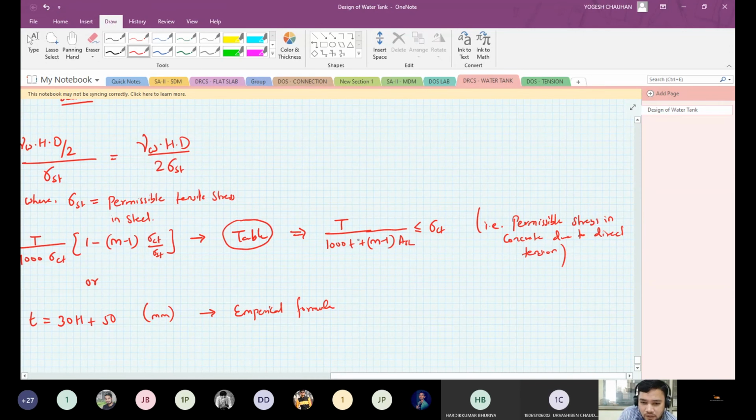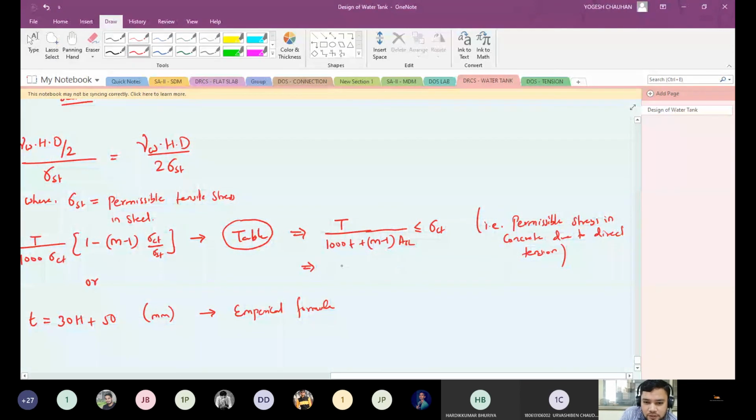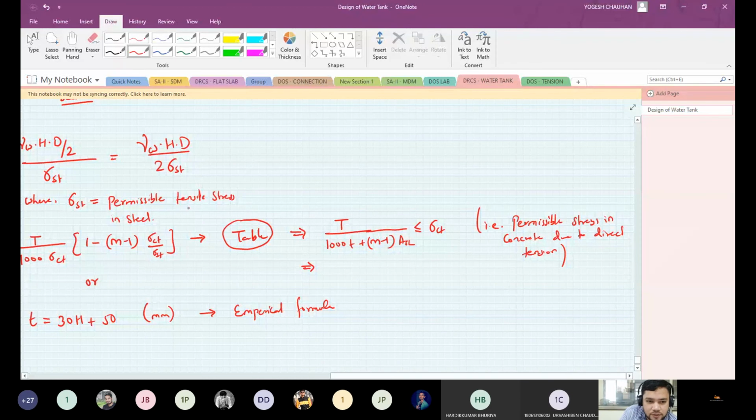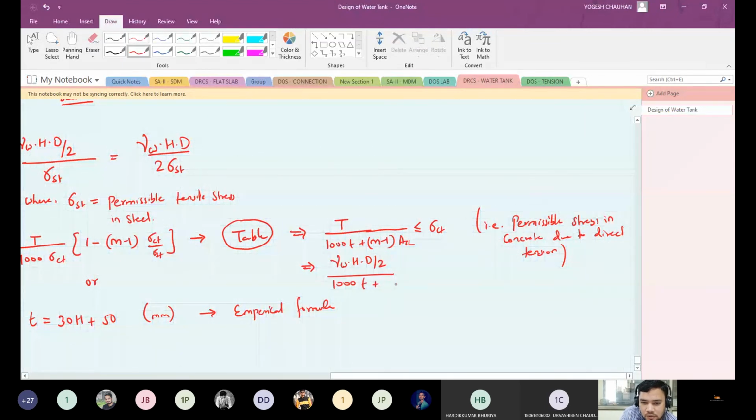And here the value of T is gamma W H times D by 2, whole divided by 1000 T plus m minus 1 into ASH, and this should be less than or equal to sigma CT.